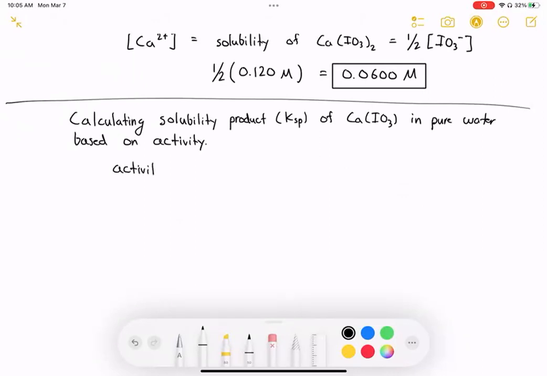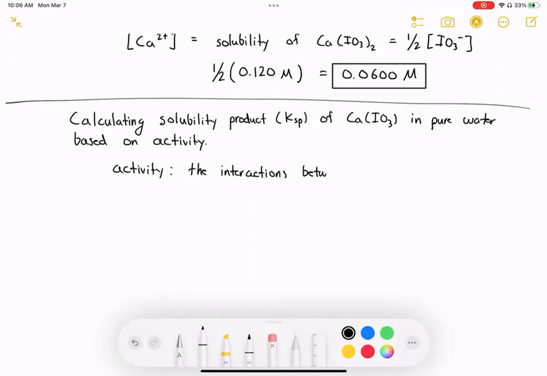when we say the activity of an ion in solution, it talks about the interactions between ions in solution.